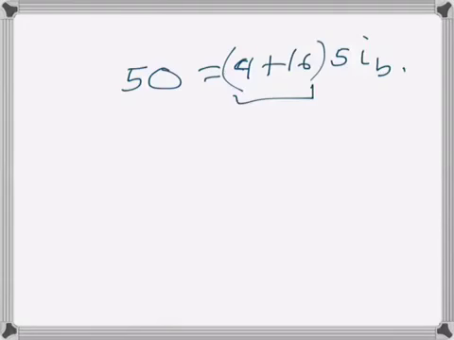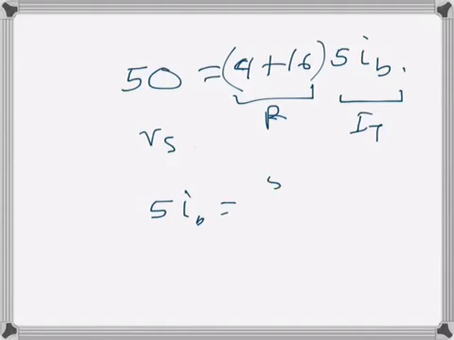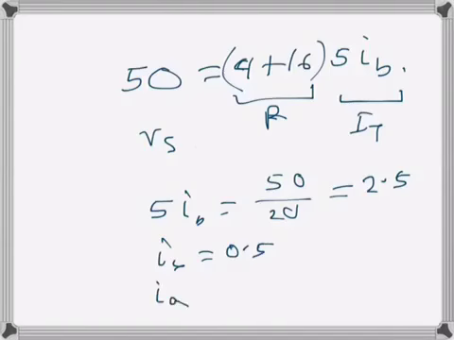So that is total R, and this is I total, and this is the supply voltage Vs. So from that we get 5IB to be 50 divided by 20, which is 2.5. So IB equals 0.5 and IA becomes 4 times IB, that is 4 times 0.5, which is 2 amps.